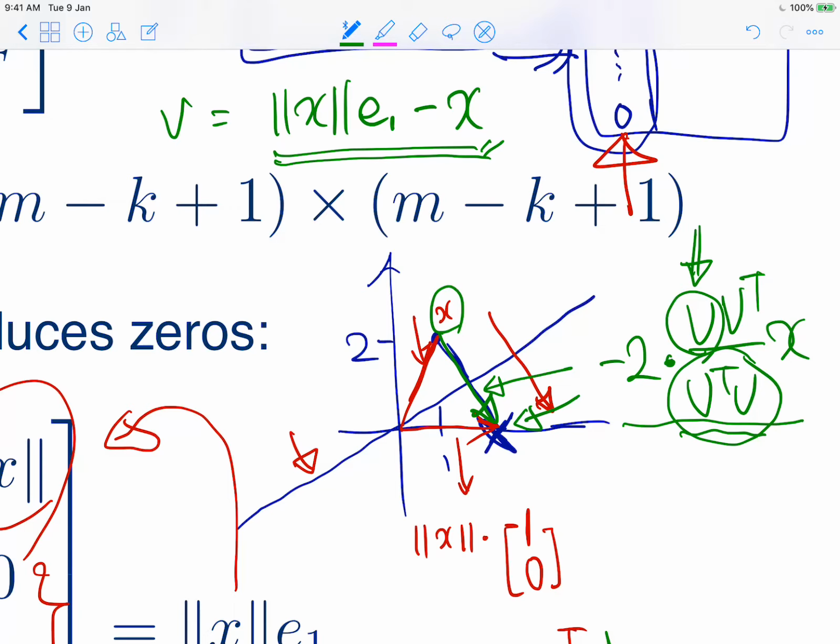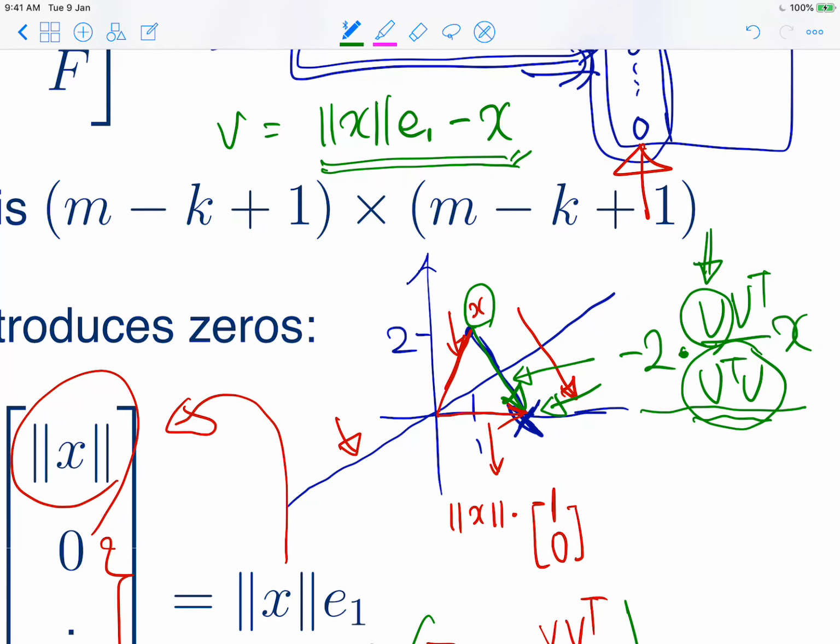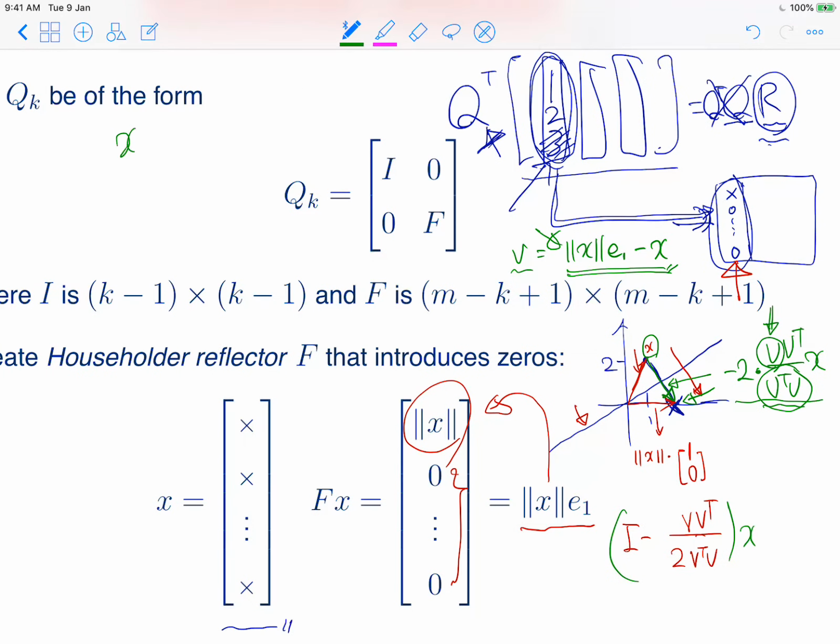Okay, and should we care about the direction of this vector? Should vector v be this, or should it be x minus this? Can we set v in this form? Which one is correct between these two?